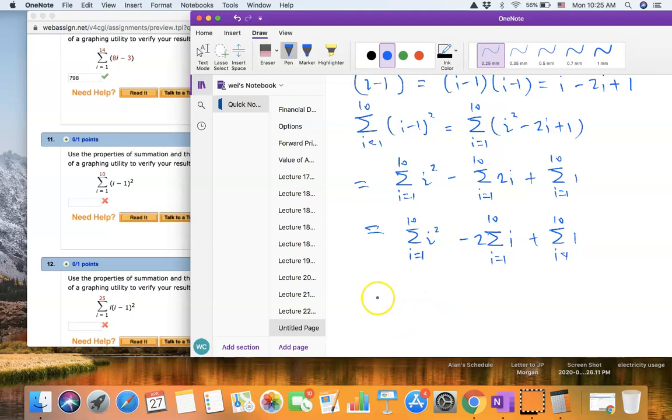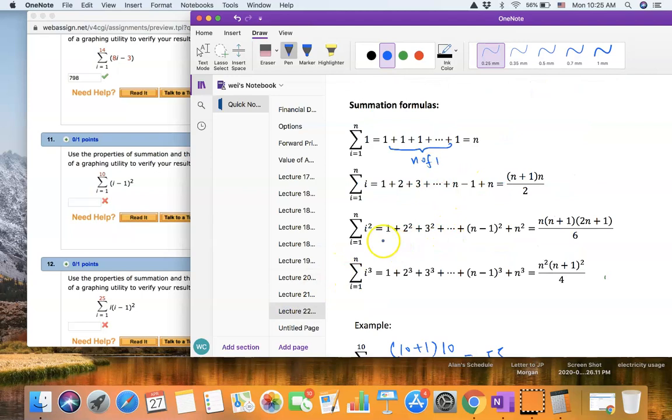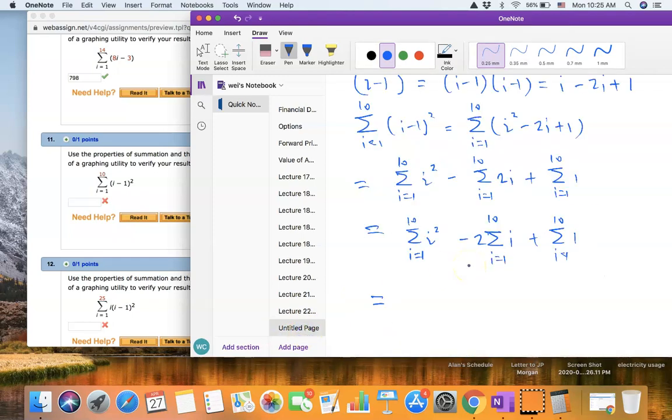If we use the first property, the second summation, we can factor out 2. Then to evaluate each summation, we use these formulas. So the summation of i squared equals n times n plus 1 times 2n plus 1 over 6. So here n is 10, so it's 10 times 10 plus 1 times 2 times 10 plus 1 over 6, and minus 2 times the summation of i.